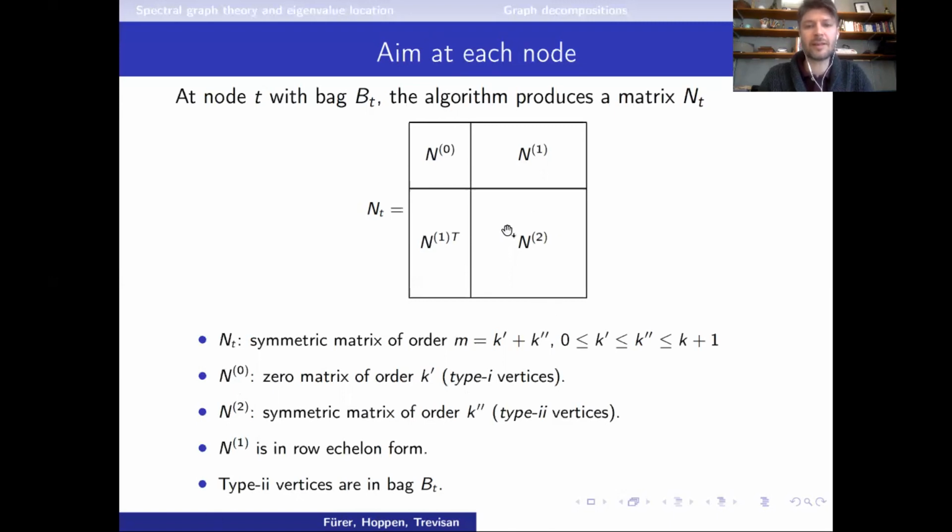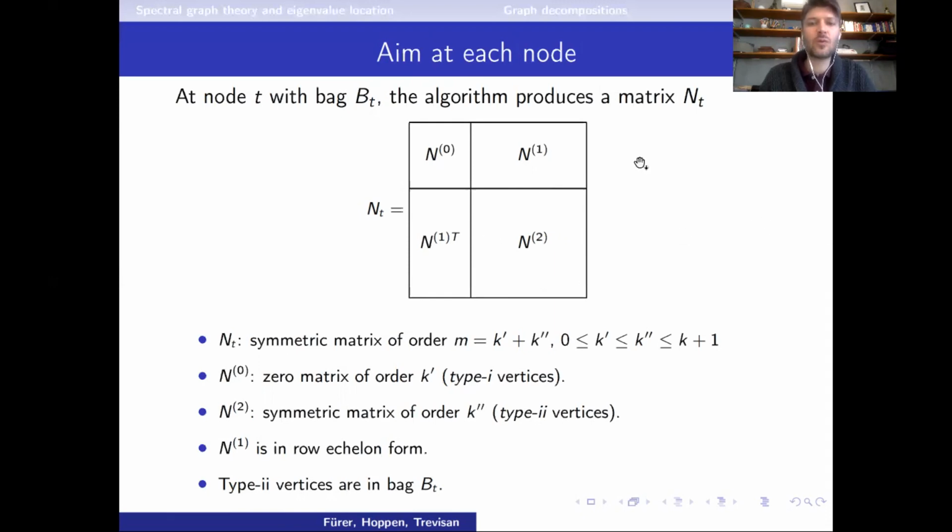This is also a symmetric matrix, and this can have other entries. But what's important is that the rows and columns of N2 are labeled by the vertices in the bag. So the vertices in the bag correspond to this.